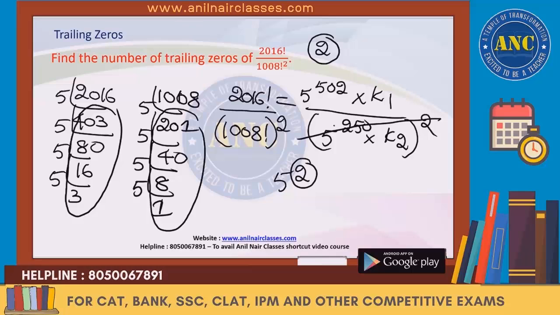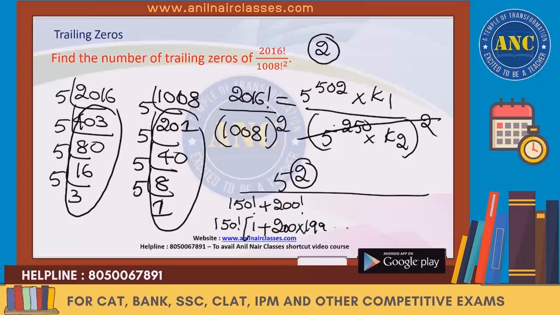Ambika asks, sir, why can't we take 150 factorial plus 200 factorial common? It is a plus sign here, Ambika. If I take 150 factorial common, we get 1 plus 200 into 199 and so on.